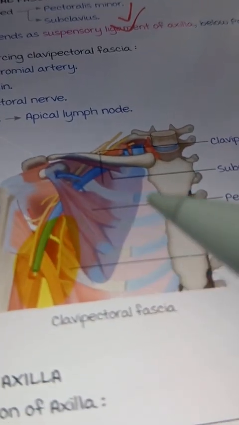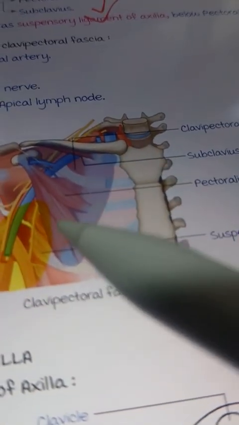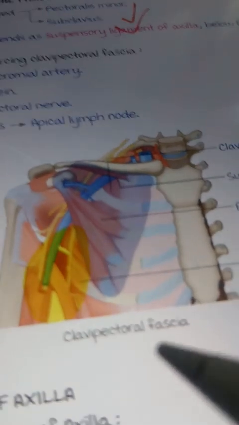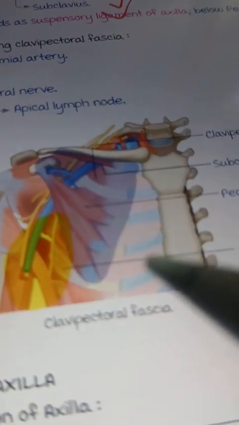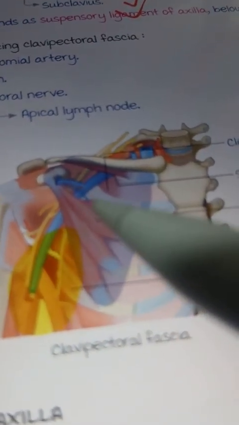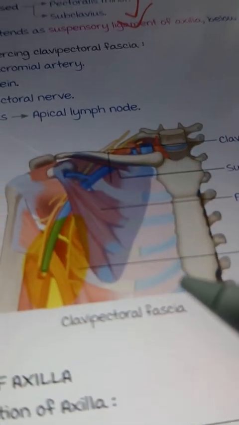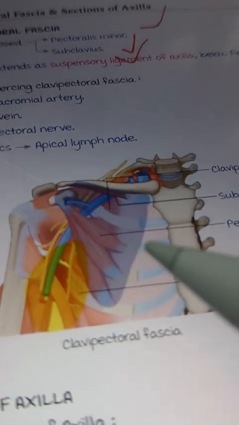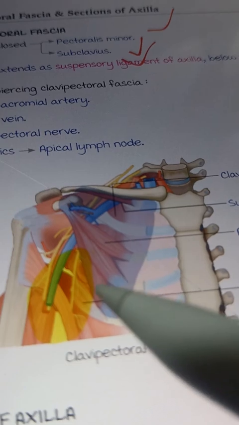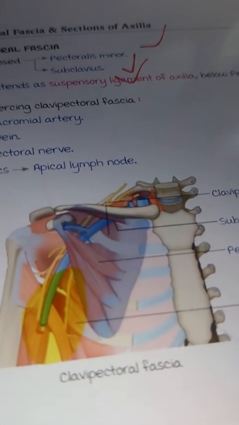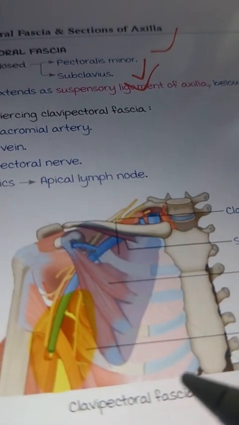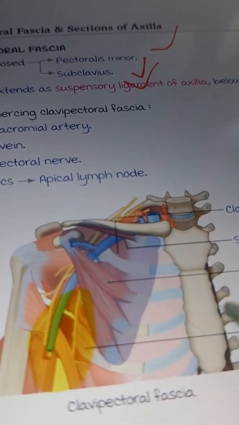This fascia is a very thin layer just below the pectoralis minor. The muscles it encloses are the pectoralis minor and the subclavius; both of them are enclosed in the fascia.